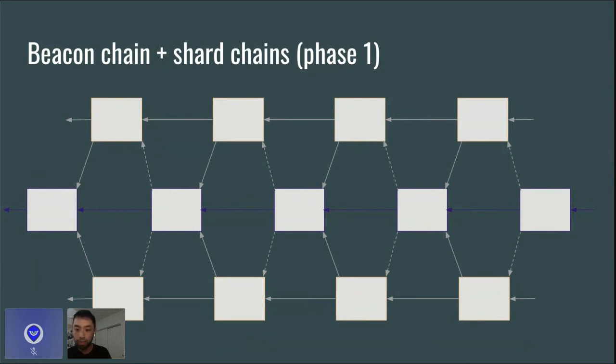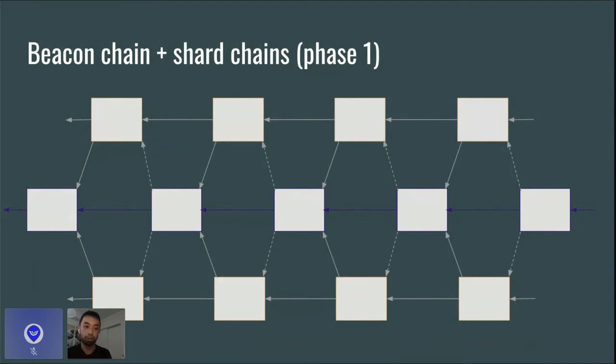All the shard chains and the beacon chain are tightly coupled together through what's called a Crosslink, and I will go through that later. A Crosslink is essentially a signature for the shard block. It's signed by a random committee of a minimum of 120 validators.